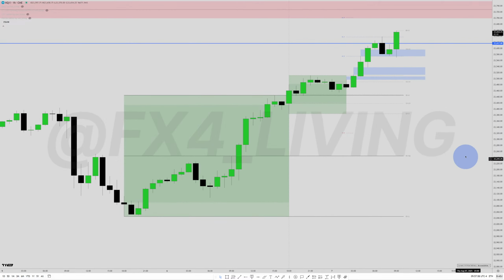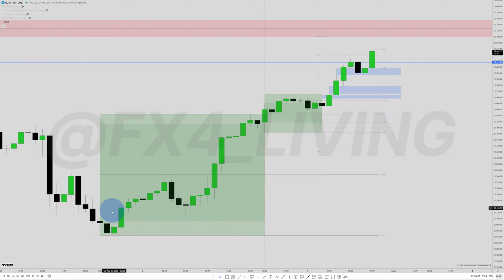Also, did you notice that these boxes right there, relative to the previous version, now have the wicks showing up? Where the body is a little bit darker, that's the body of the daily. This one right here, that's the daily.